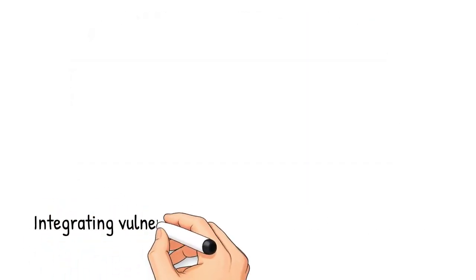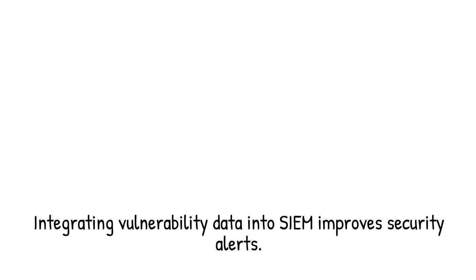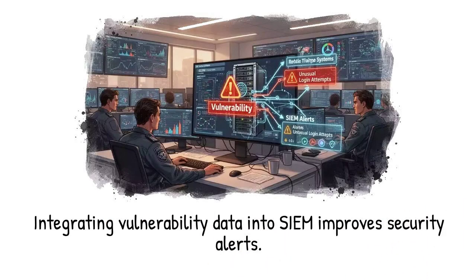When vulnerability data is integrated into SIEM, alerts become more accurate, threat detection becomes smarter, incident response becomes faster, risk scoring becomes contextual. Example, if a server has a critical vulnerability and unusual login attempts, the SIEM can raise a high-priority alert.